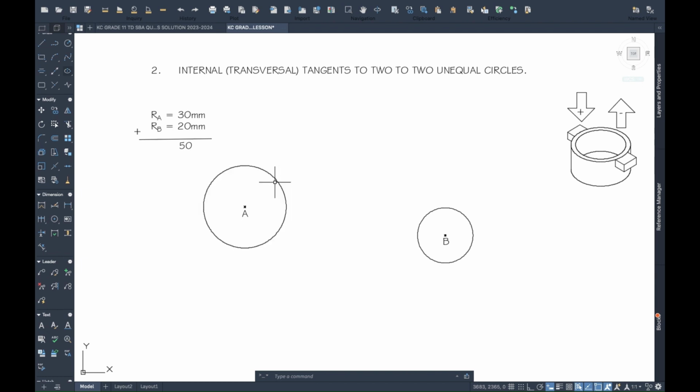The radius of this circle with center A is 30 mm, and the radius of this circle, center B, is 20 mm. Now, I want to introduce you over here to this pot. I think that this pot will greatly assist you in always remembering when to add the radius and when to subtract the radius.